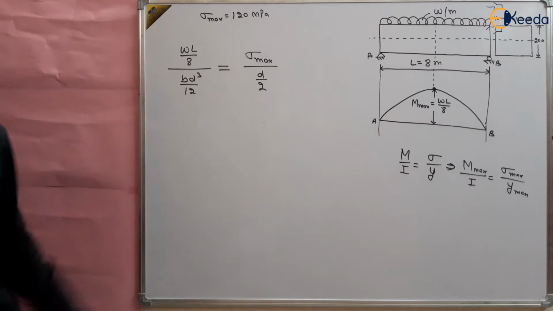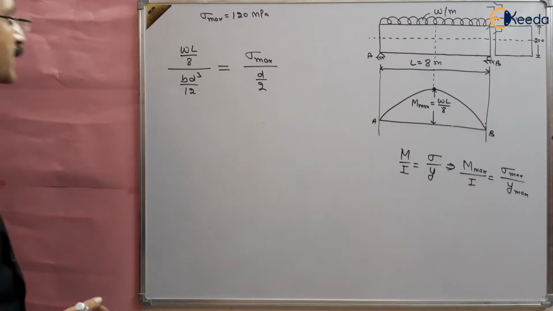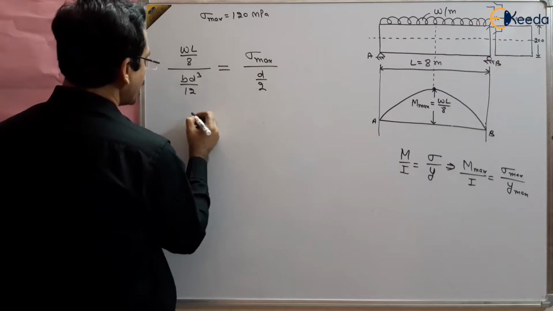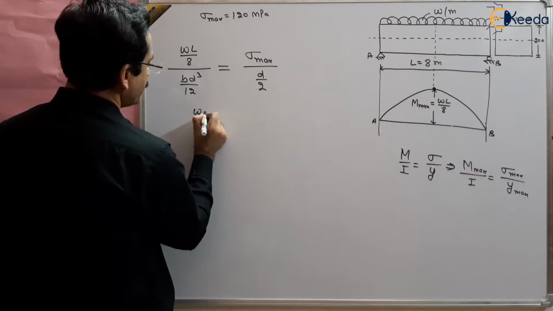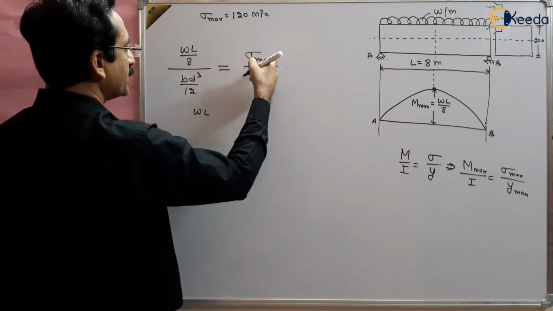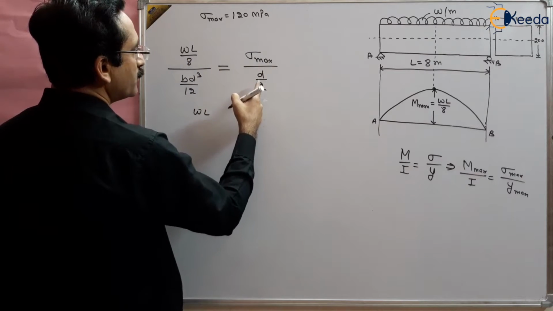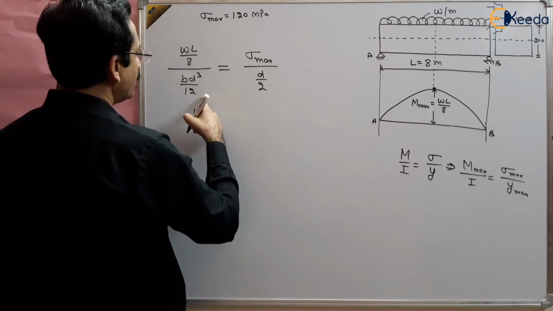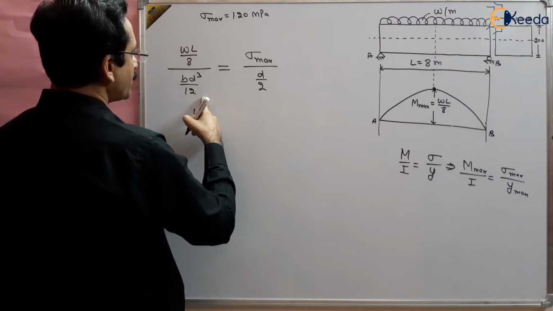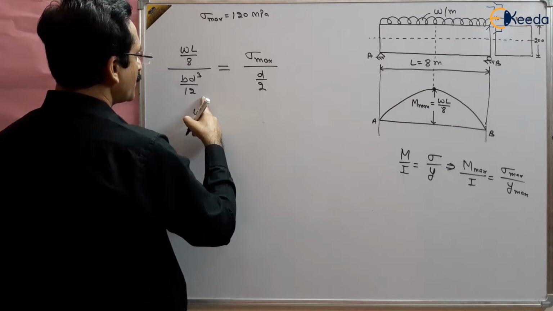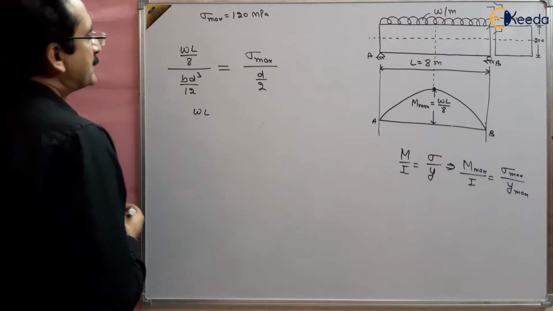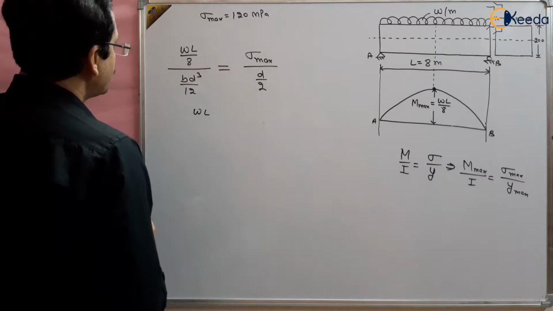So you can find out W from this equation. 8 will come here, 2 will also be there, and 12 will be here. So this is 12 by 8, so 8 by 12.